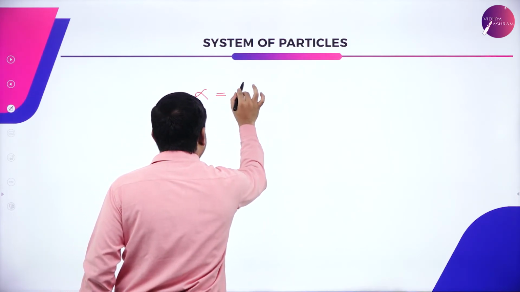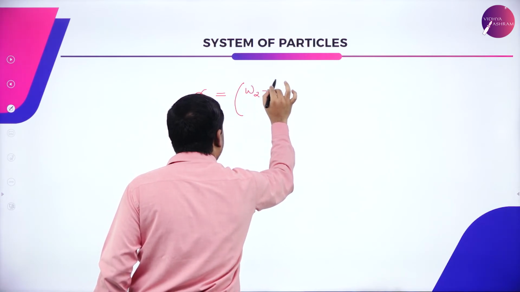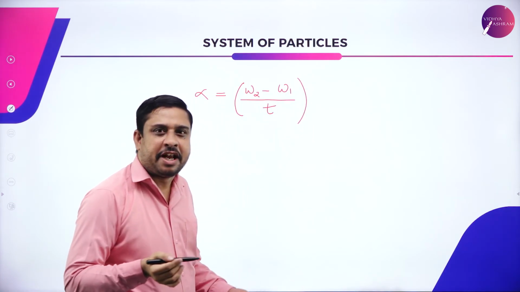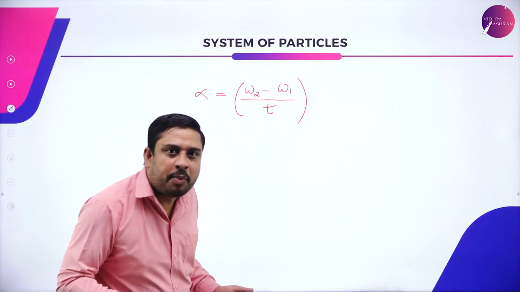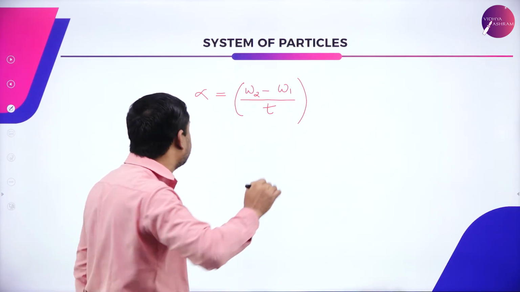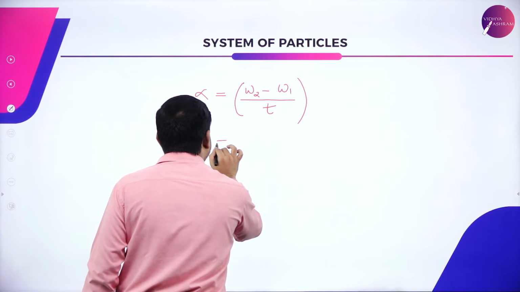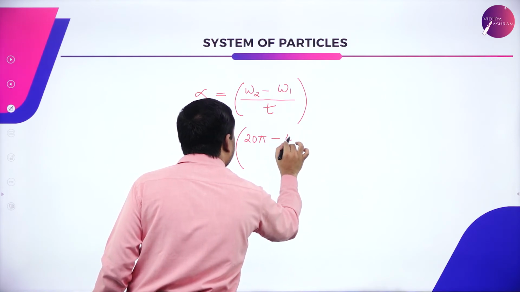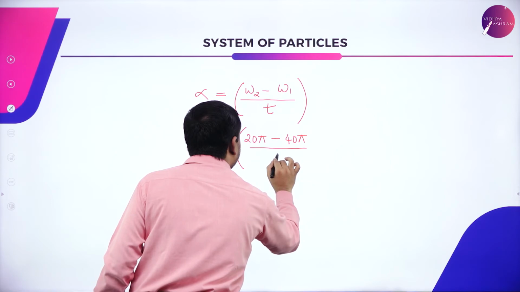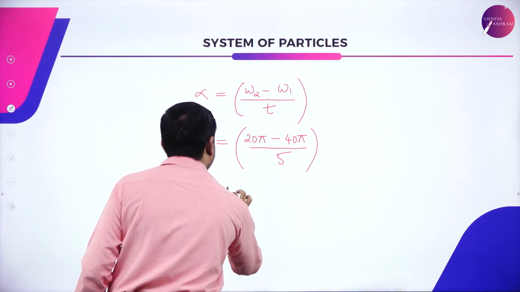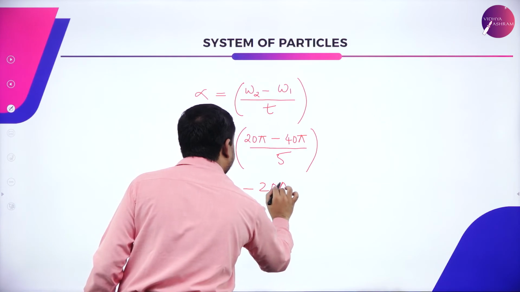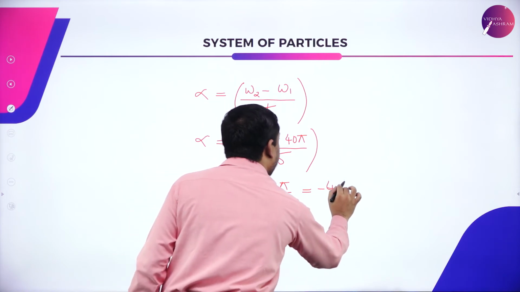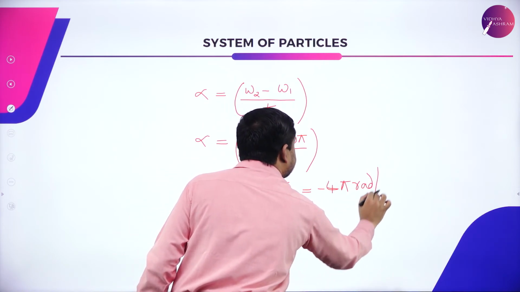Again, alpha is omega 2 minus omega 1 by t. Wherever you go, whichever problem from this chapter, same expression. So this is 20 pi minus 40 pi by 5, which is minus 20 pi by 5, minus 4 pi radian per second square.